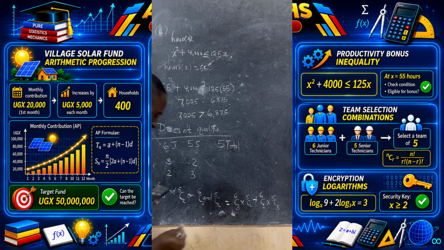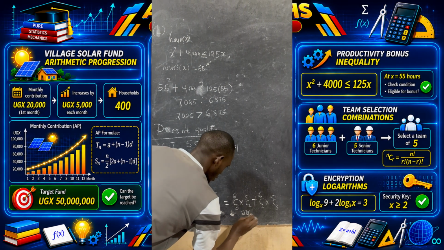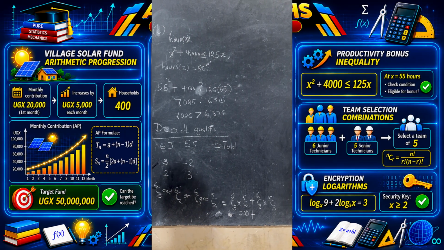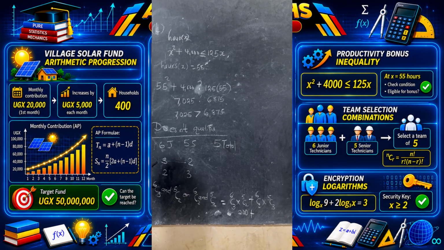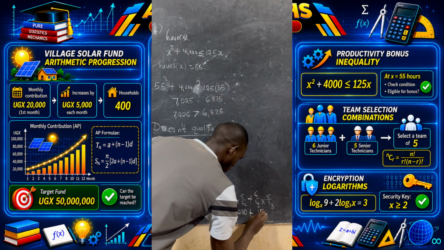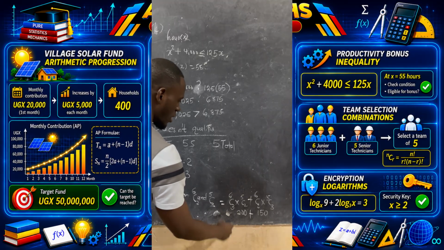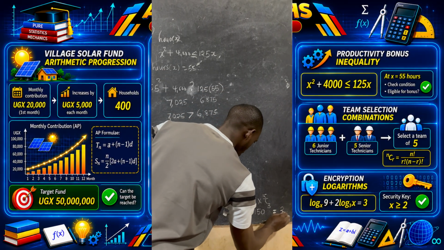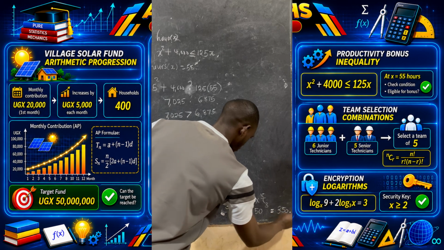This is 200, plus 6 combination 2 times 5 combination 3. They are not the same. This is 150. So when I add 200 plus 150, this is going to give me 350.